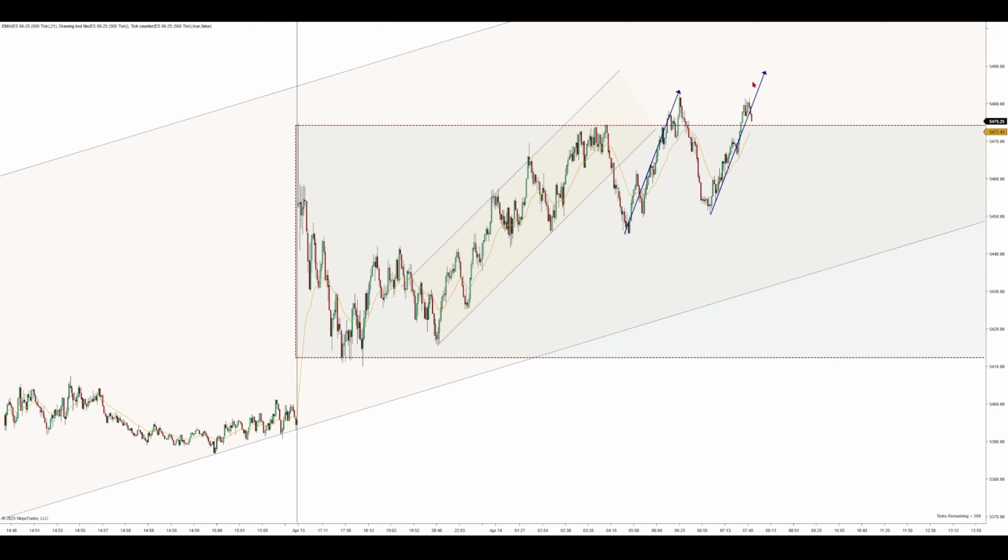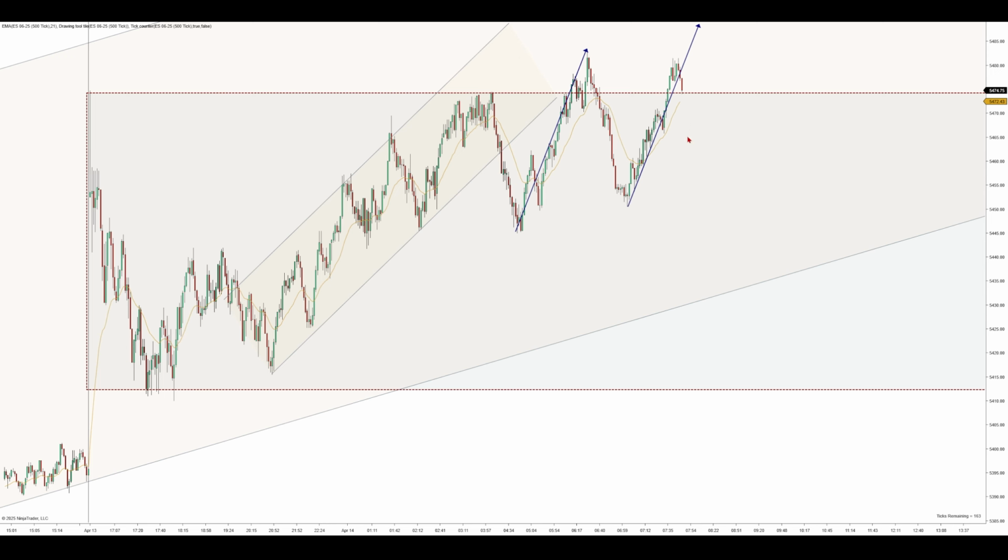So it's a bit tricky here, but either way, I would have liked to see it push up a bit more, just so that the legs can be larger on the push down and then get a clear reaction and get long, even though it still would have been basically making that double top. Price is so bullish overall, I wouldn't care, so long as we got a good reaction after the 2 attempts to fade, not before. And so anyway, we just got to see what price does.